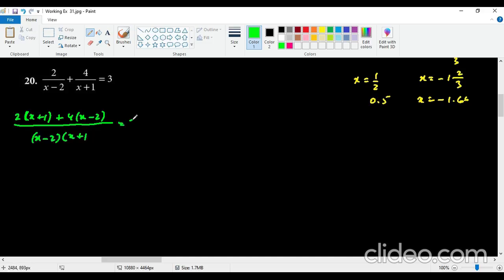Now on numerator gives us 2x plus 2 plus 4x minus 8 equals 3. First multiply by x minus 2 and then x plus 1.